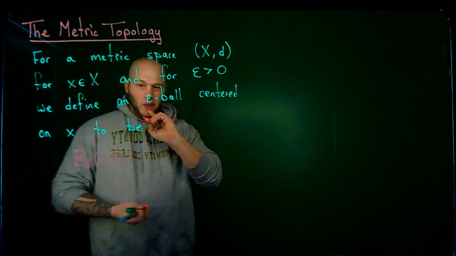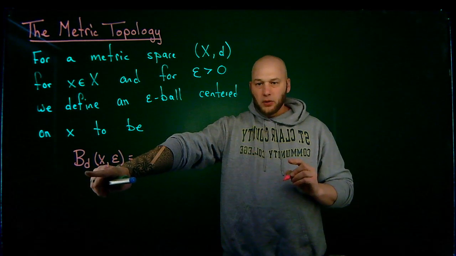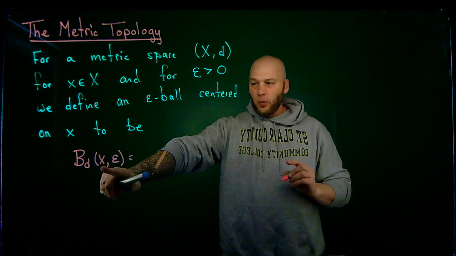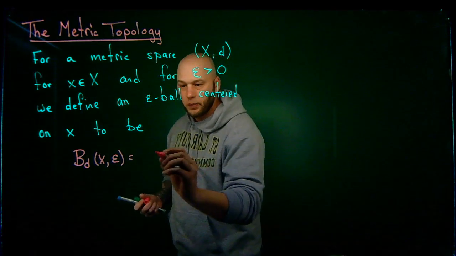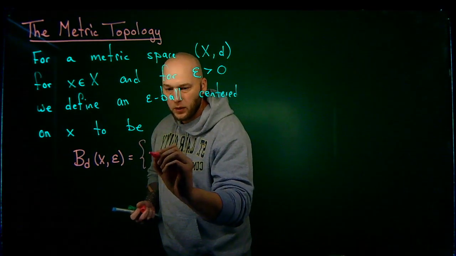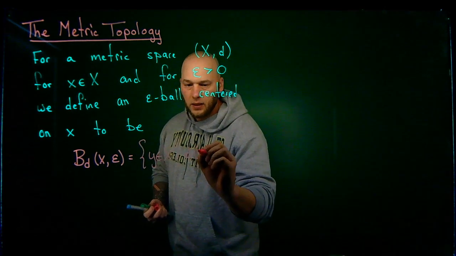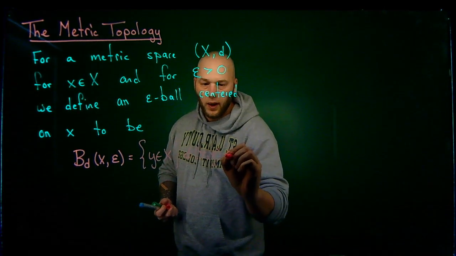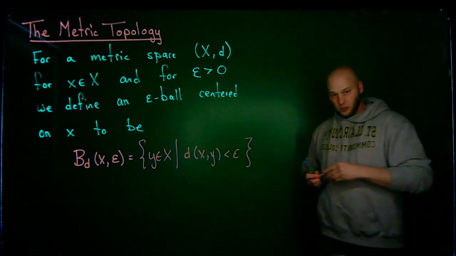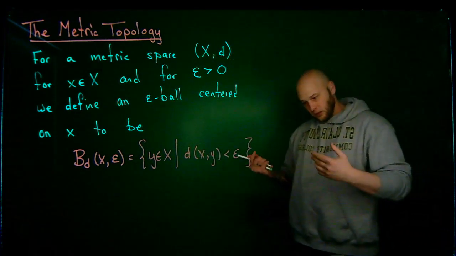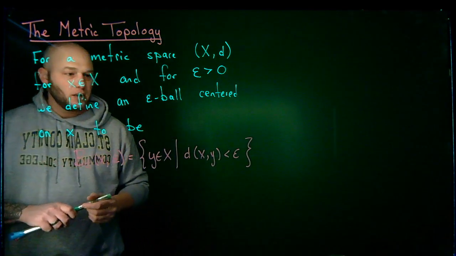The notation B_d(x, epsilon), the ball with respect to the metric d centered at the point x with distance epsilon, is the set of elements y in X such that the distance between x and y is less than epsilon. So it's all the elements in this set whose distance away from x is less than epsilon.